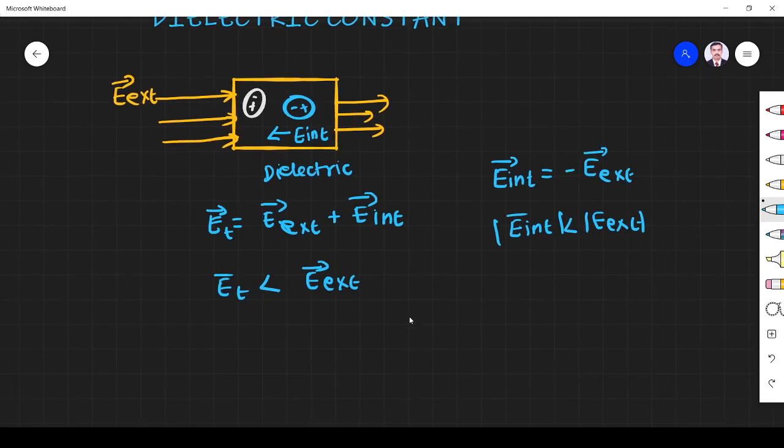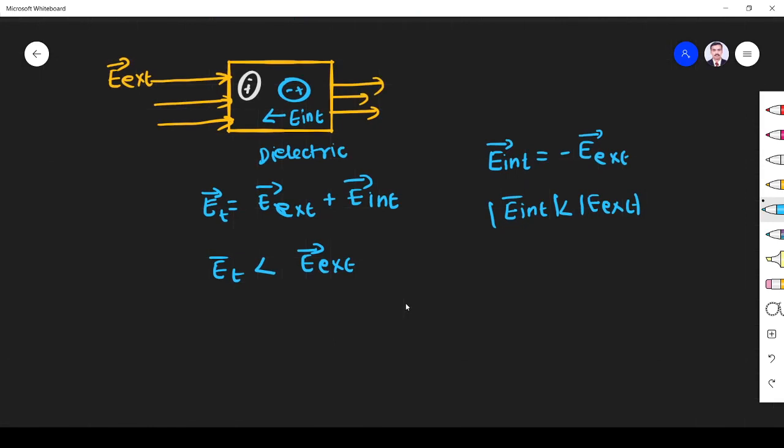This concept we know. Now we define one new term called dielectric constant, which is given by E total equals E external divided by kappa. This kappa, K, is known as the dielectric constant.